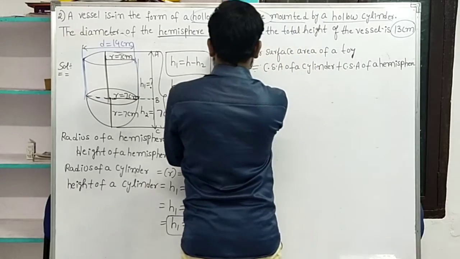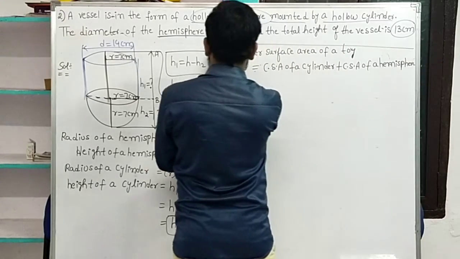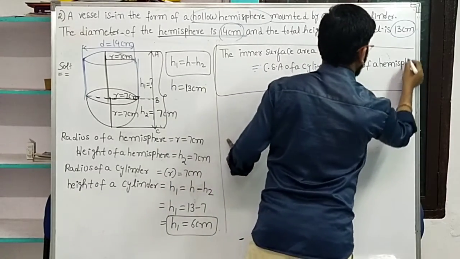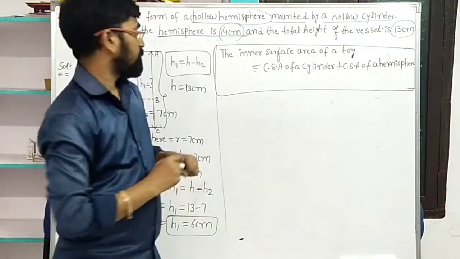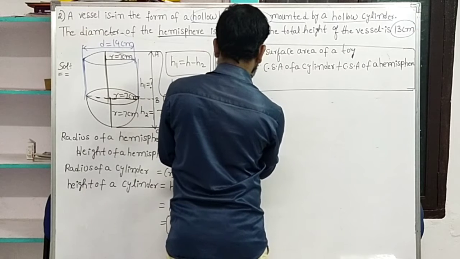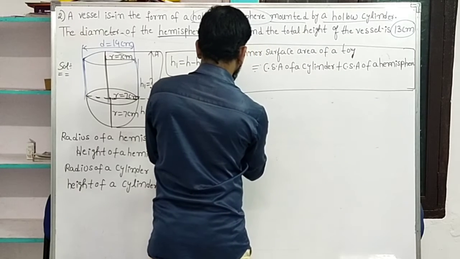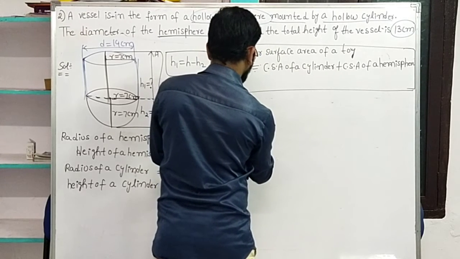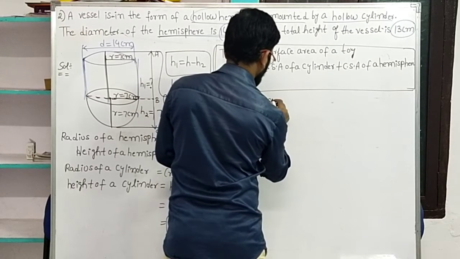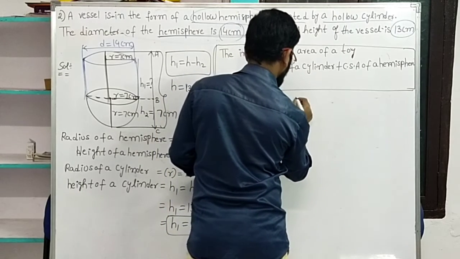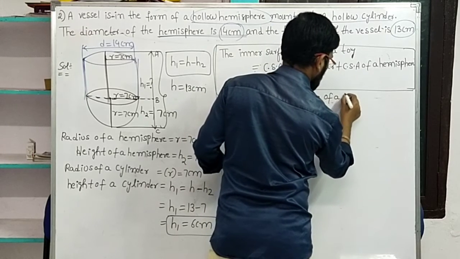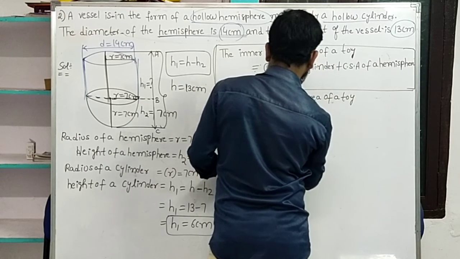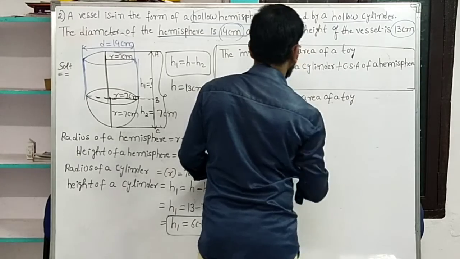So this is the formula. Inner surface of the toy means CSA of a cylinder plus CSA of a hemisphere.